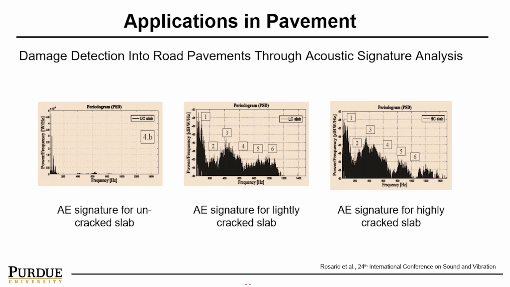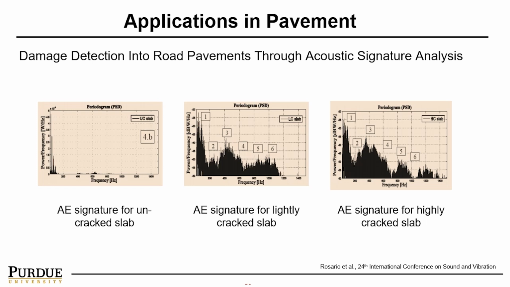Here is the application of how we use acoustic emission methods to detect cracks in the slab for asphalt pavement. So here is the damage detection for an uncracked slab.